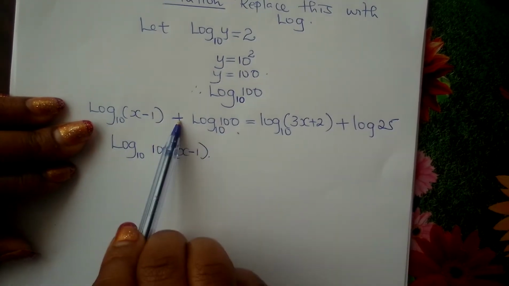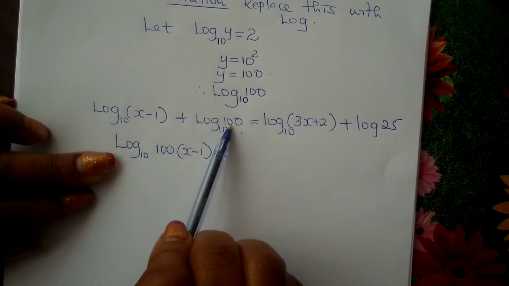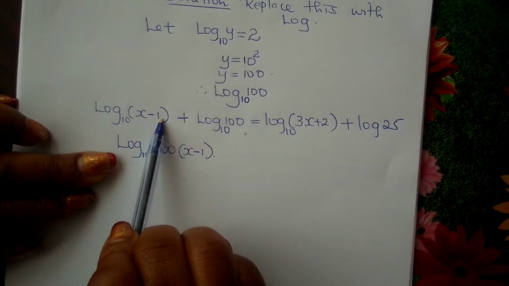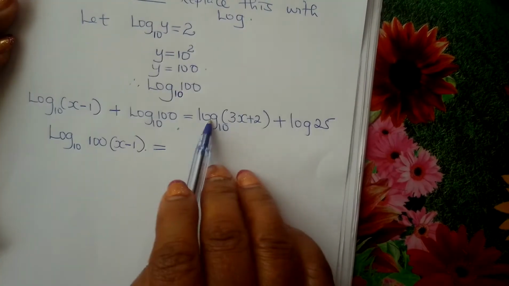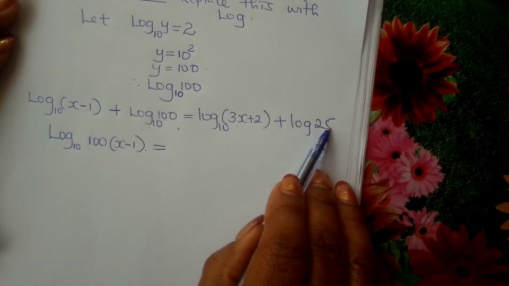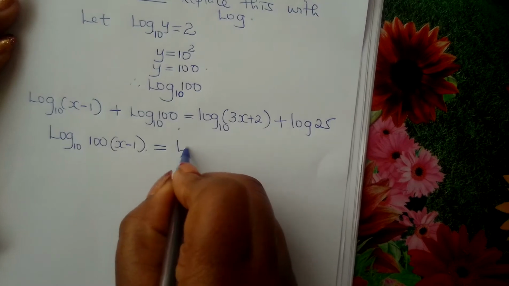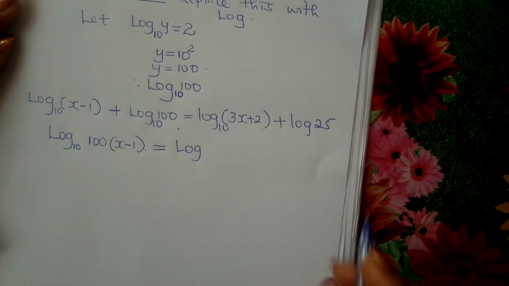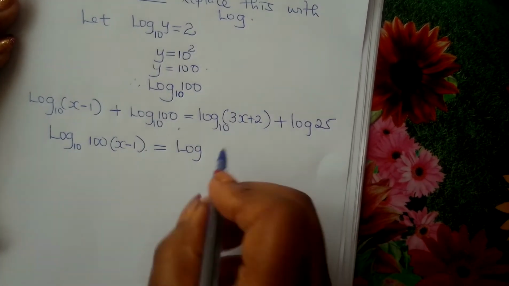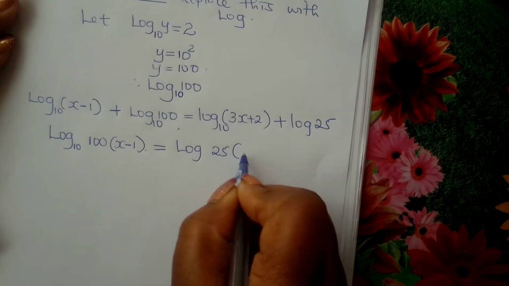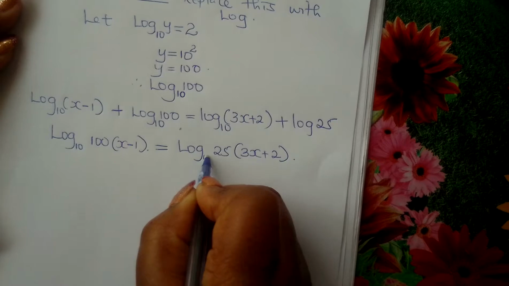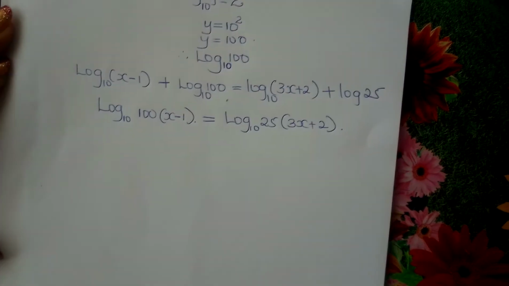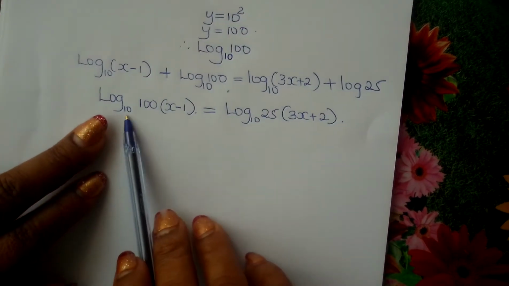Therefore, you move to the other side, you do the same. Log of this plus log of this, learner, you write 1 log, then you multiply these 2 terms. So 25 in brackets, 3x plus 2.